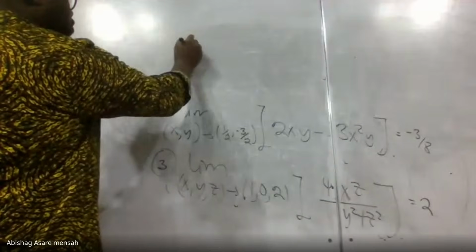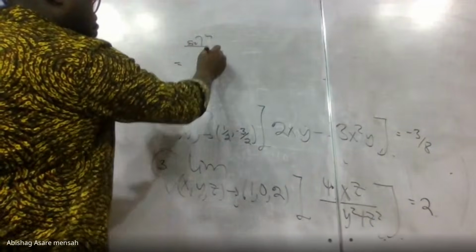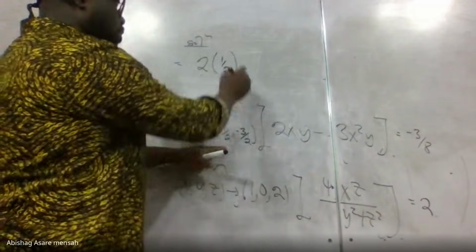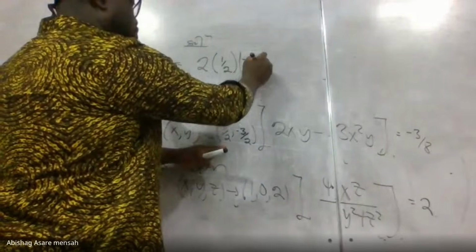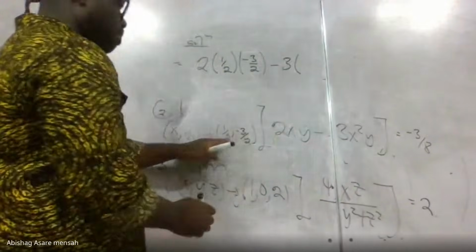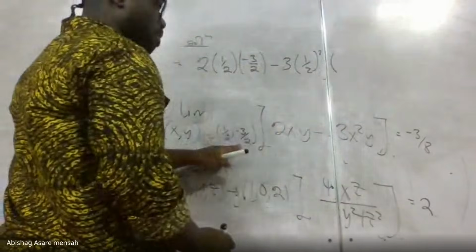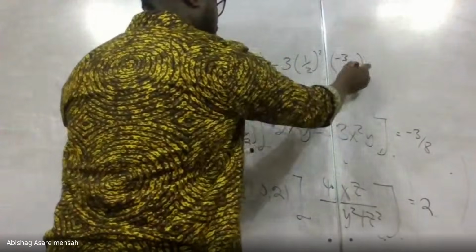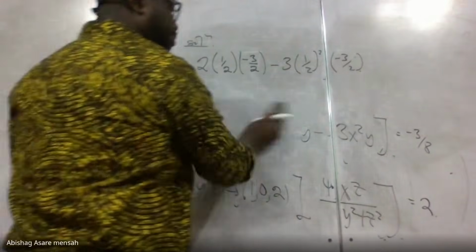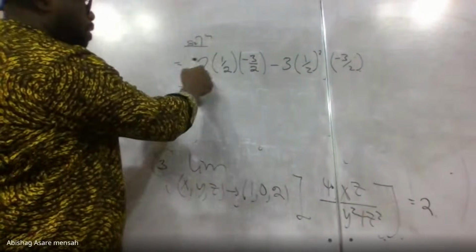And the solution for the second one, we have 2 into brackets, 1 on 2, then -3 on 2, -3, -1 on 2, all squared, and -3 on 2. We know that this and that will be 1.